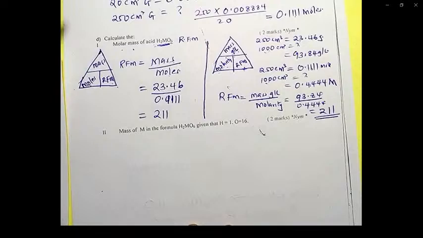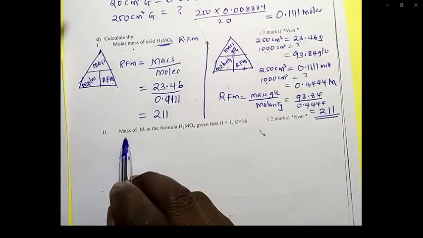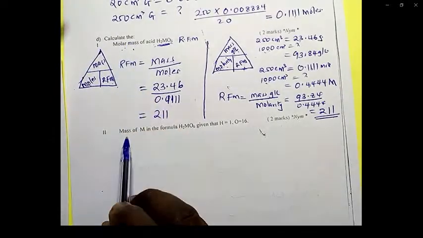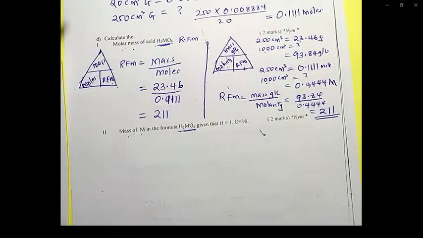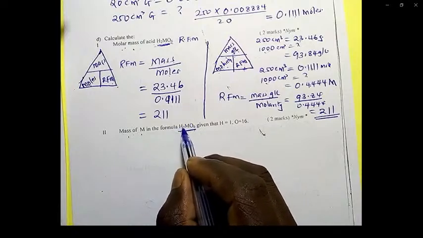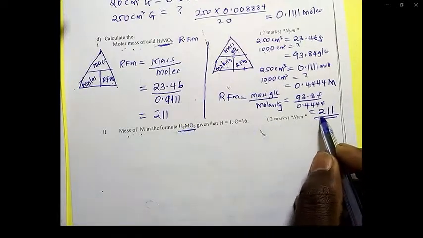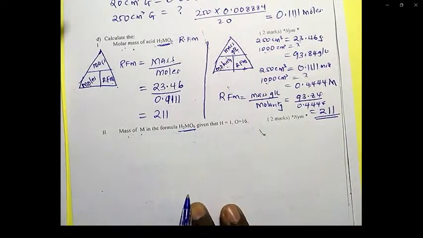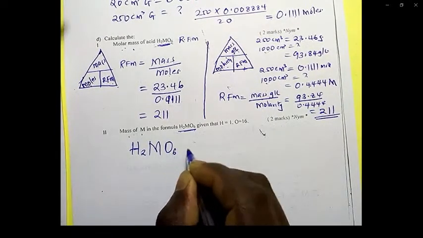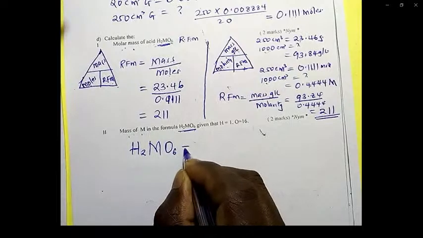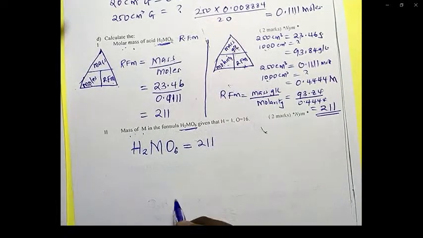Lastly, calculate the mass of M in the formula here. But we know when you add everything here, you get 211. So that one is easier for us to get M. H2MO6. When you add everything, it will give you 211.